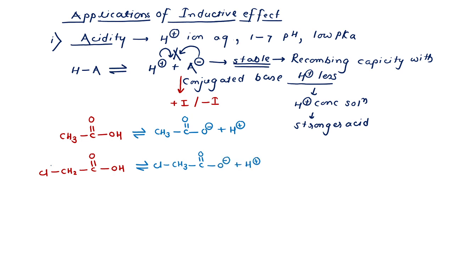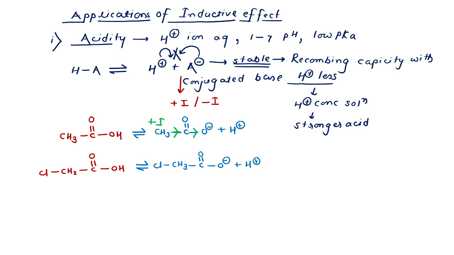What is going to happen? You know that this CH3 group has its plus I effect. You know plus I effect, electron density goes through the sigma bond. Definitely it will give electron density to the oxygen of this conjugated base, and it will become rich.